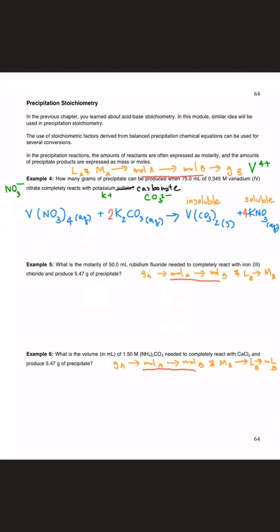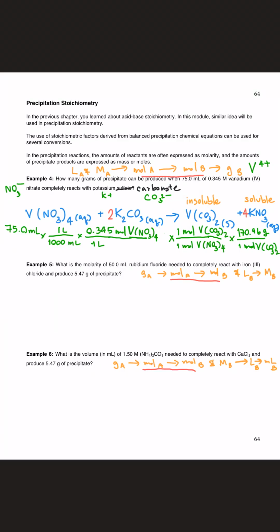Therefore, you need to convert the volume and molarity of vanadium nitrate into mole first, and then use the mole ratio between these two species to convert to mole of the precipitate. Then use the molar mass of the precipitate to calculate grams of the precipitate. And you will get 4.42 grams of vanadium carbonate.